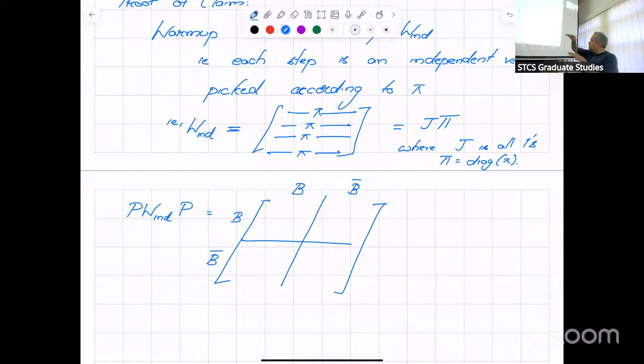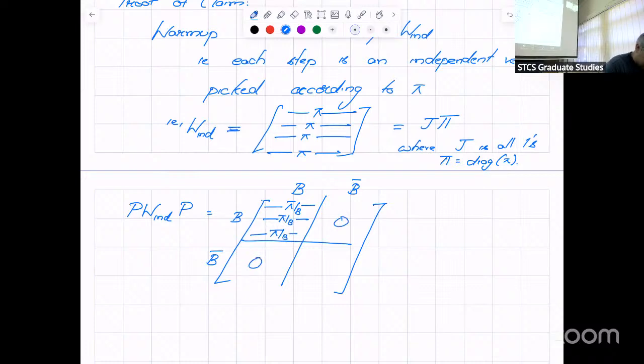Notice W is a matrix in which every row is pi. P is just identity on B and 0 elsewhere. So what is this going to do? This is just going to put pi restricted to B over here, and it's going to give 0 elsewhere. This should be true from the definitions.